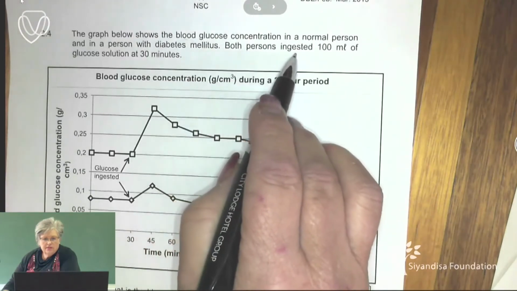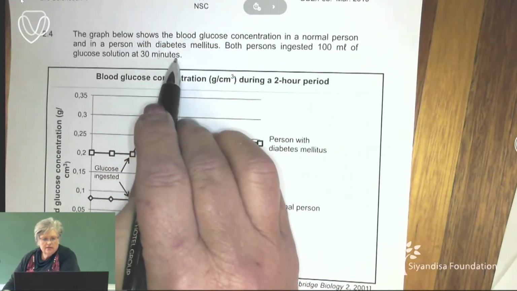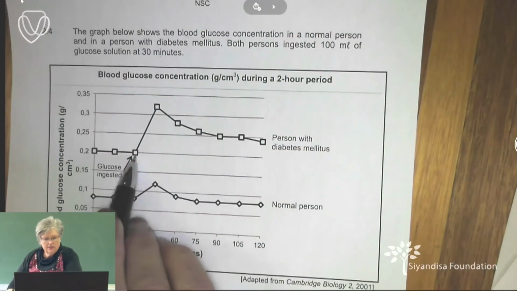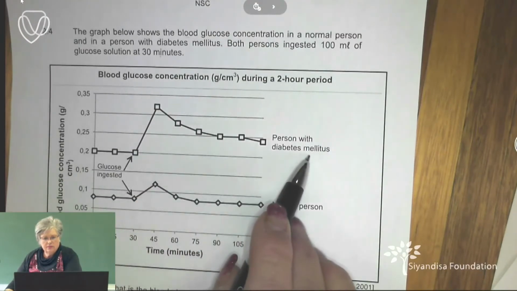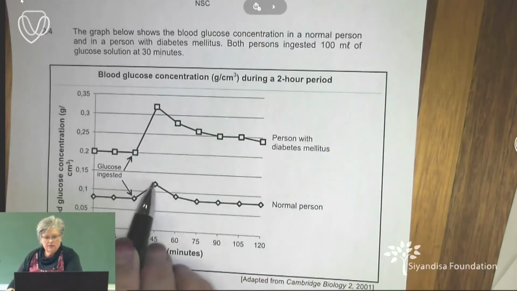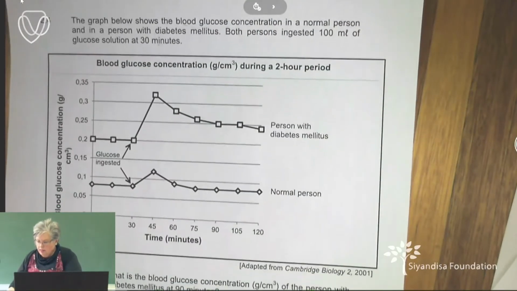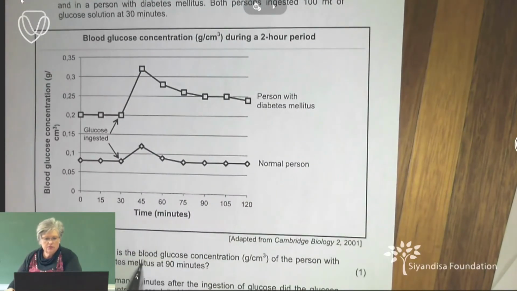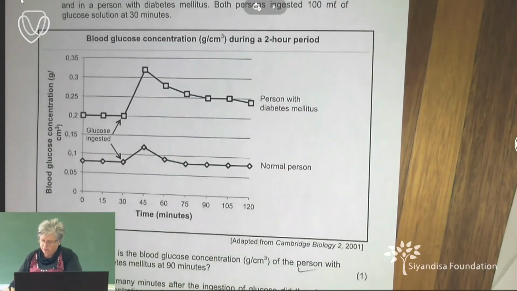Both persons ingested 100 milliliters of glucose solution at 30 minutes. Okay, so there is 30 minutes. This is the person with diabetes mellitus, and this is a normal person. So what is the glucose concentration of the person with diabetes mellitus at the 90 mark? Right, just read off, easy question.